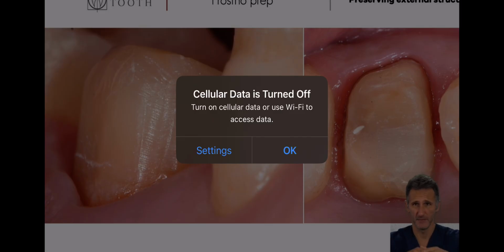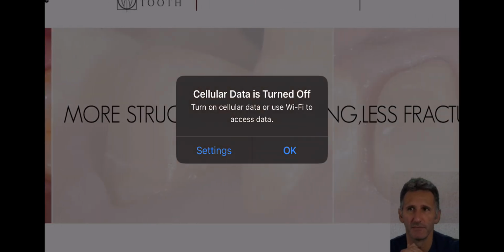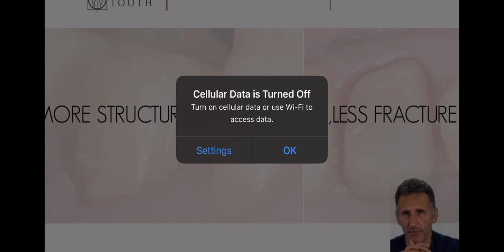And this is a working philosophy: preserving the internal structure, doing the endodontic treatment, and finalizing, preserving the external structure, because more structure means less bending, less fracture, more success.